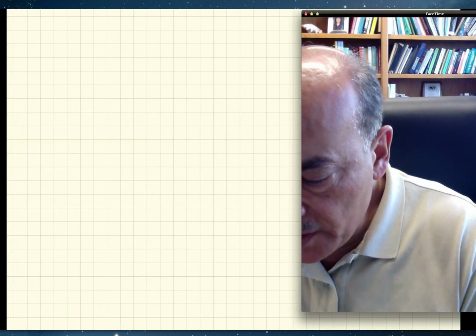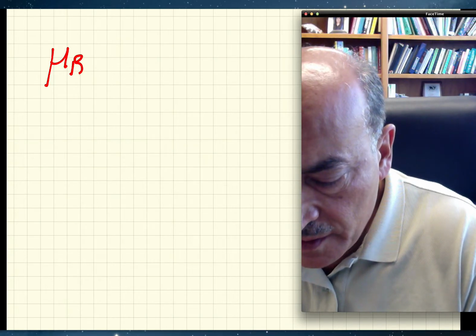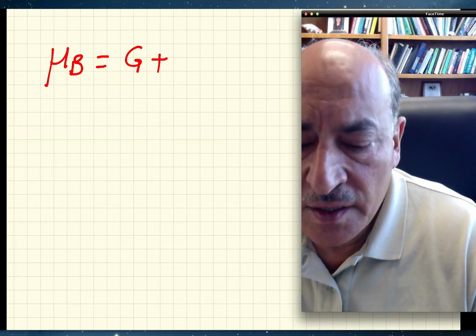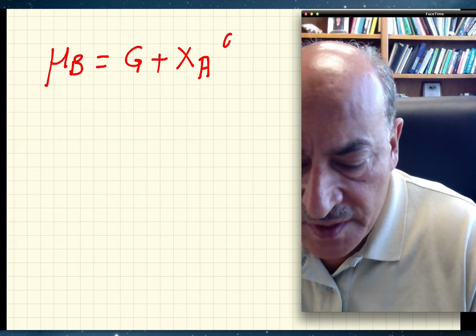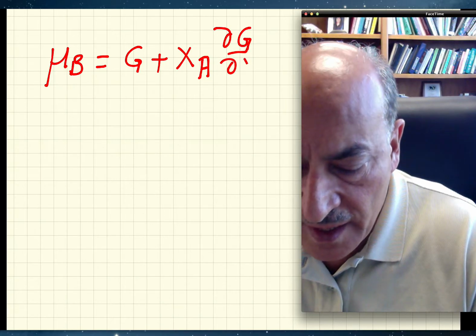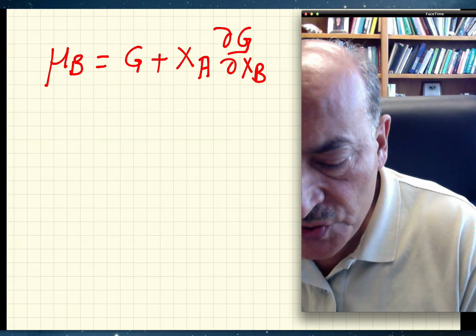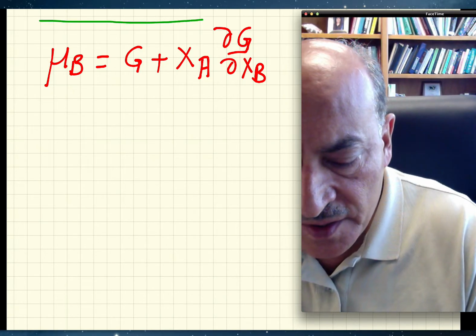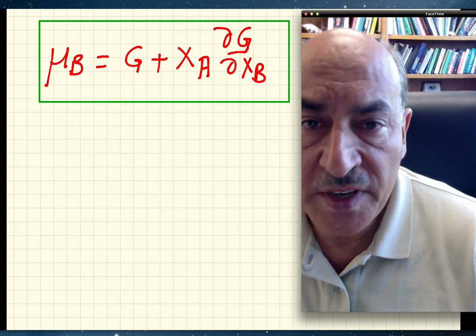So in this case, I'll have mu of element B is equal to G plus the concentration of element A times dG by dxB. Remember that we have now two concentrations, and the two concentrations or the two elements will exist in the two phases.